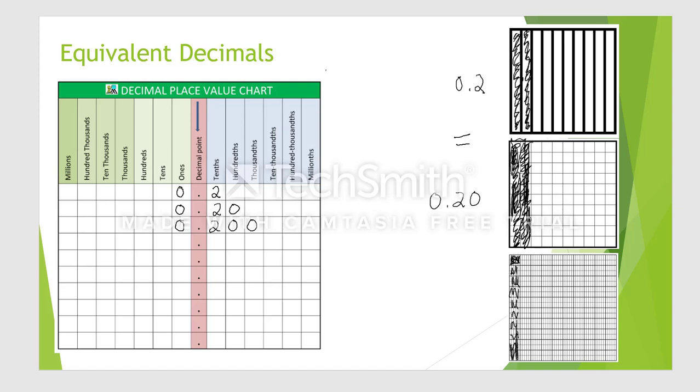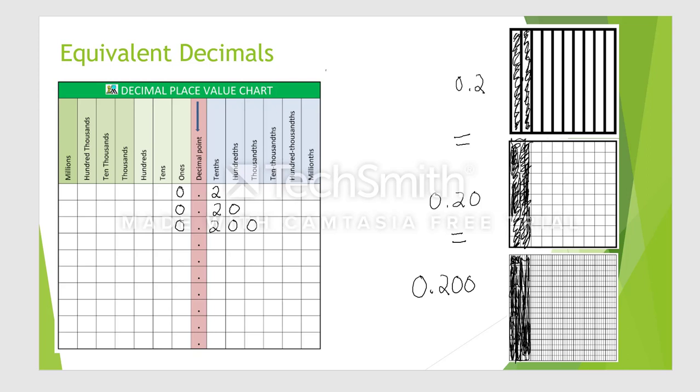There's 100 in one column. And so if I want 200, I just have to shade in 2 columns. And again, you can see that 200 thousandths is the exact same amount as 20 hundredths and 2/10. So we call these equivalent decimals.